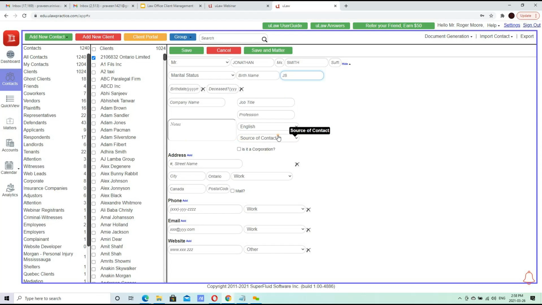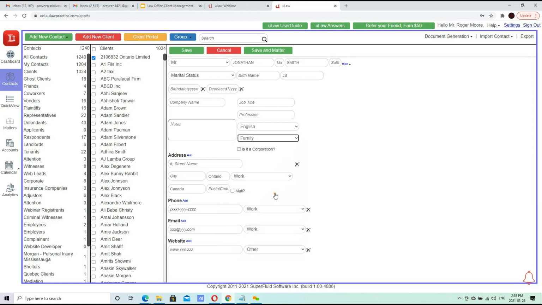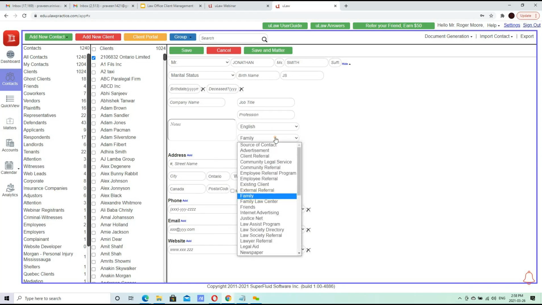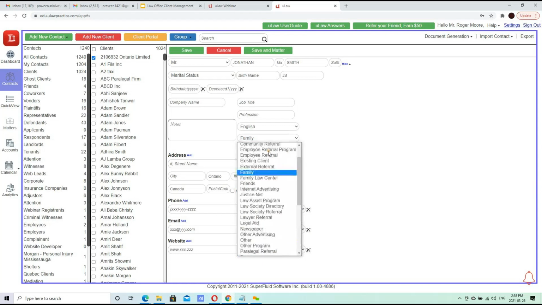Any notes if you like to take them. And here it is, the source of contact. So I'm going to say family. So maybe we ask Jonathan, hey, how did you know our legal firm? As to a family referral, and you can have your own set of fields that capture this, configuring this to your own liking, word of mouth, family referrals, however you want to call this. Okay, just going to say family.